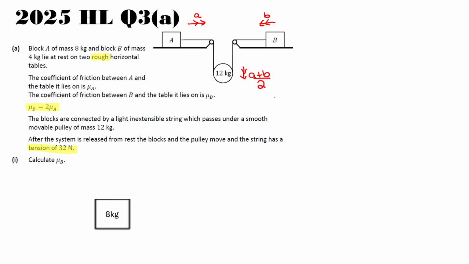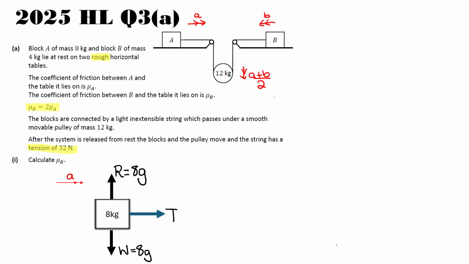So here's our 8 kg mass, which is A. And the first thing that it has is weight, and weight acts downwards, and that's going to be 8g. The next thing we have is the tension in the string, which is pulling it to the right. We also have the reaction, which in this case, because it's lying on a horizontal table, is just going to be equal to the weight. The direction of movement is to the right.